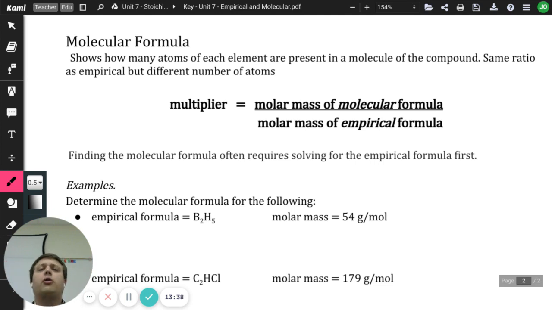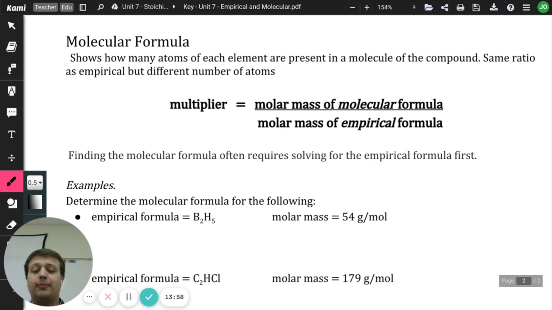Okay? So how do I figure this out? Well, first off, I need to find the multiplier. With your molecular formula, all of those numbers are multiplied by something, right? You take your empirical formula and multiply it by some factor, some multiplier. How do I figure out what my multiplier is?